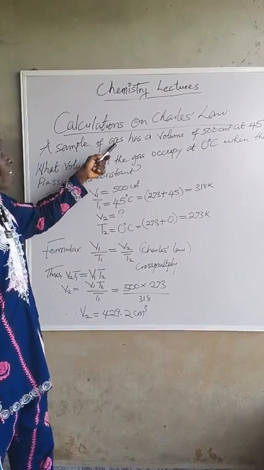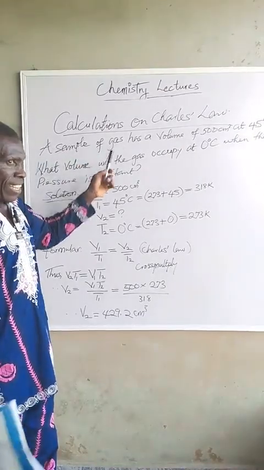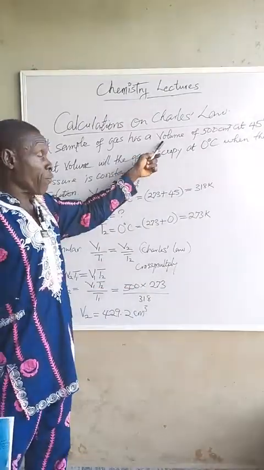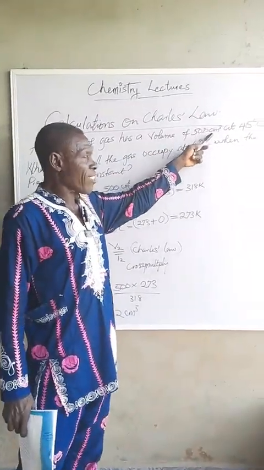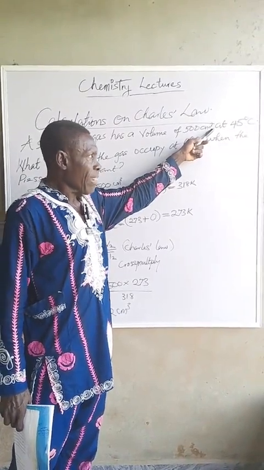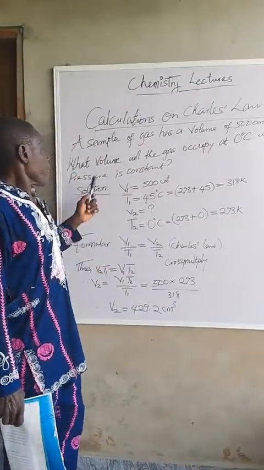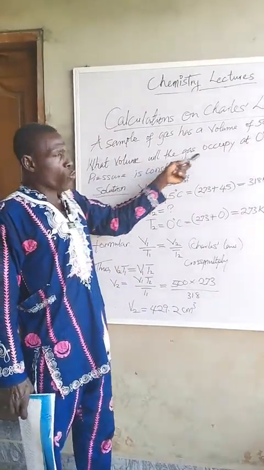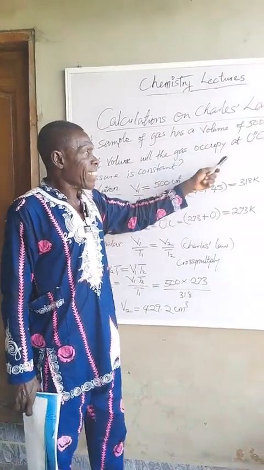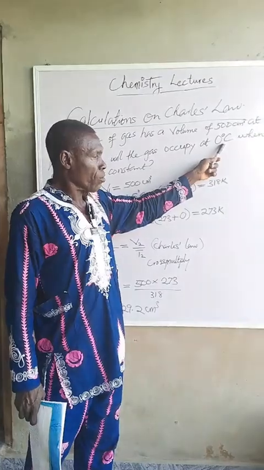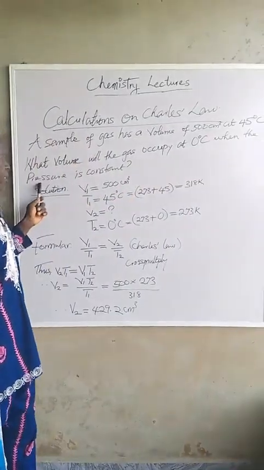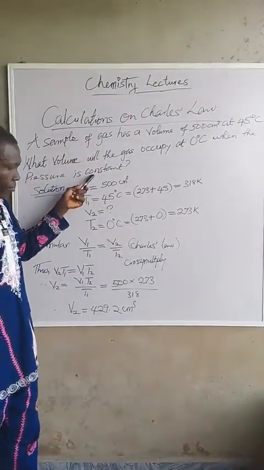A certain quantity of gas has a volume of 500 cm³ at 45 degrees Celsius. What volume will the gas occupy at 0 degrees Celsius when the pressure is constant?